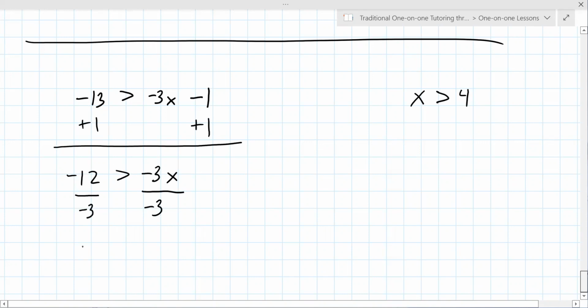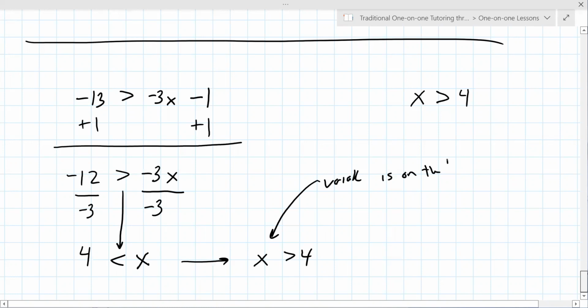On the left, this becomes 4, but before that, you're supposed to flip the inequality. And you correctly flipped it, and you correctly rewrote it into x greater than 4. Usually the variable is on the left, so you have to be able to flip the equation around like that.